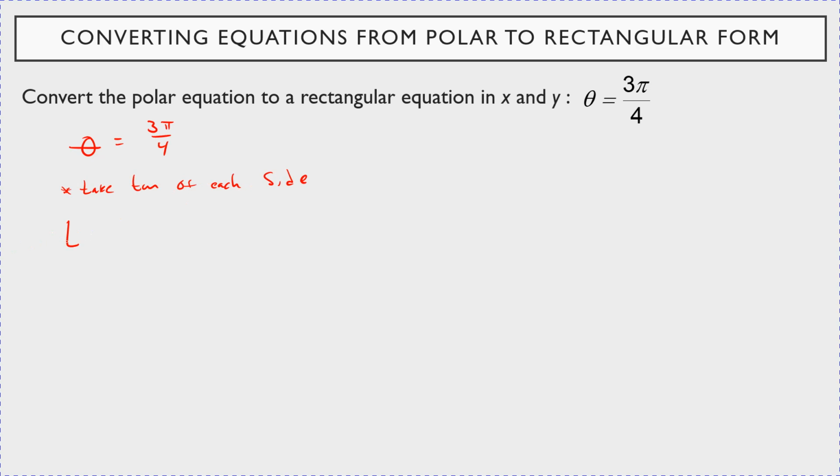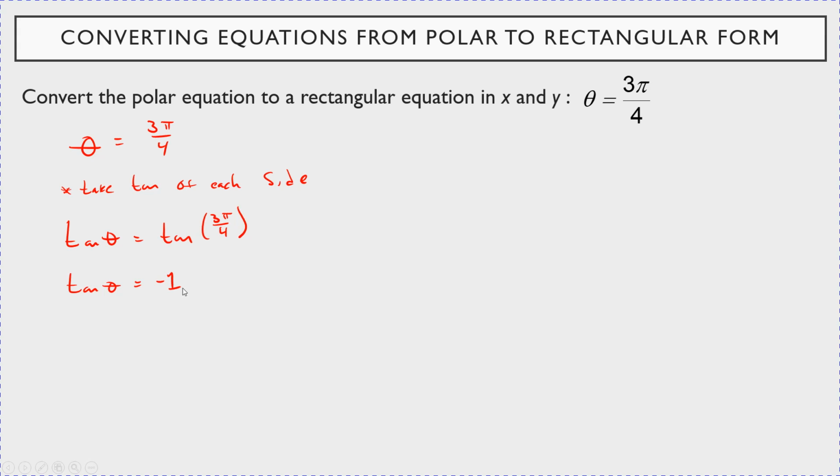So I have tangent of theta is equal to tangent of 3 pi over 4. This is what's great here. Tangent of 3 pi over 4 is just negative 1. So I have tangent of theta is equal to negative 1.